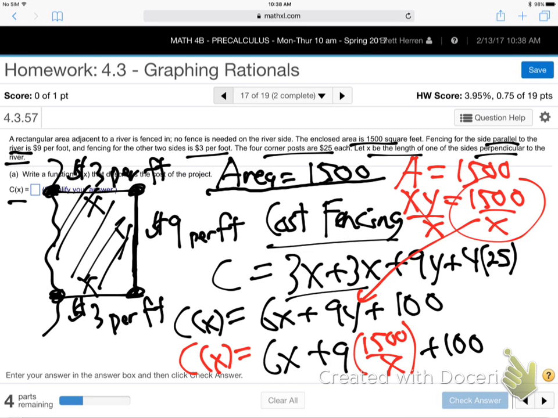We made a cost function that only has X and numbers. Now the rest of the questions, I assume, will have you eventually type that into your calculator and find the minimum, because you want minimum cost. That's what I want for the animals in my life, is minimum cost. But it never seems to work out that way.